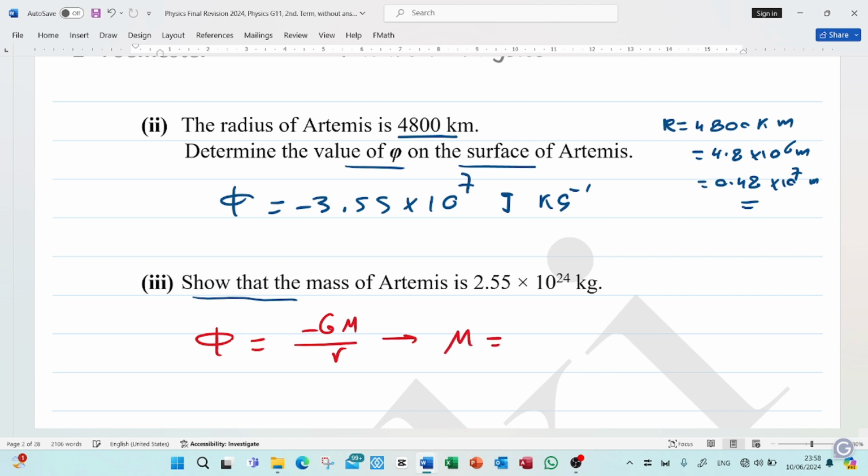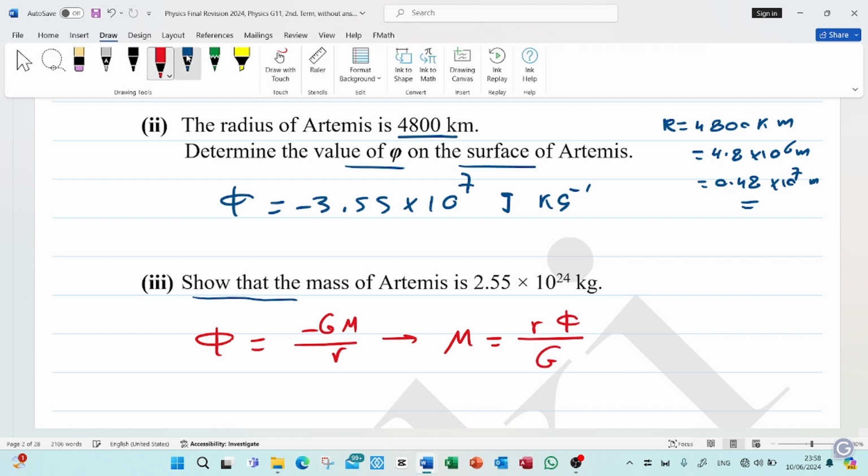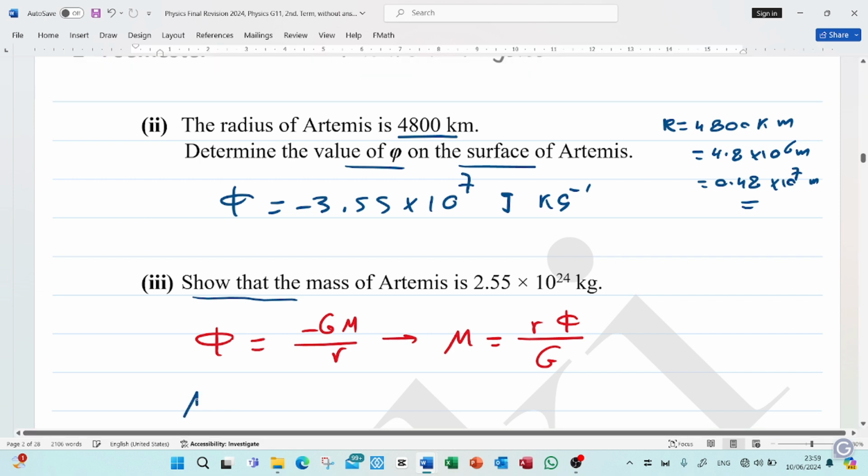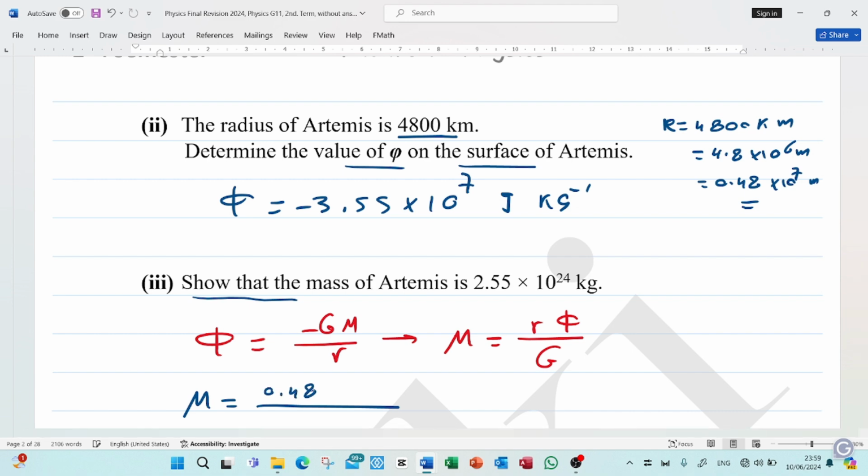So m, without the negative, because we need to get the mass, is r multiplied by phi divided by G. Already we got phi from the graph, then m equals 0.48 times 10 to the power 7, this is r, multiplied by 3.55, without the negative, divided by G, 6.67 multiplied by 10 to the power negative 11. The answer is 2.55 multiplied by 10 to the power 24 kilograms.